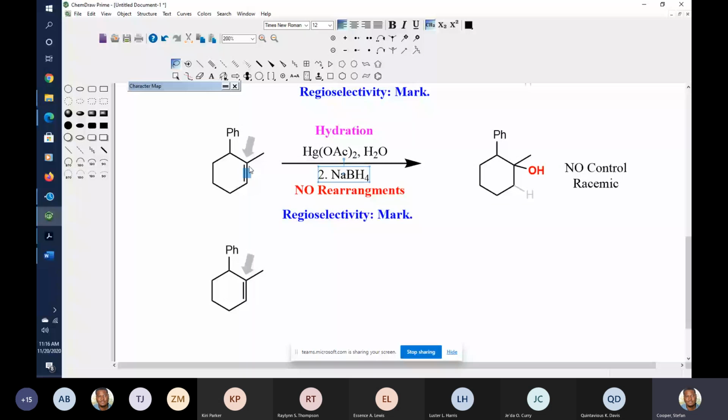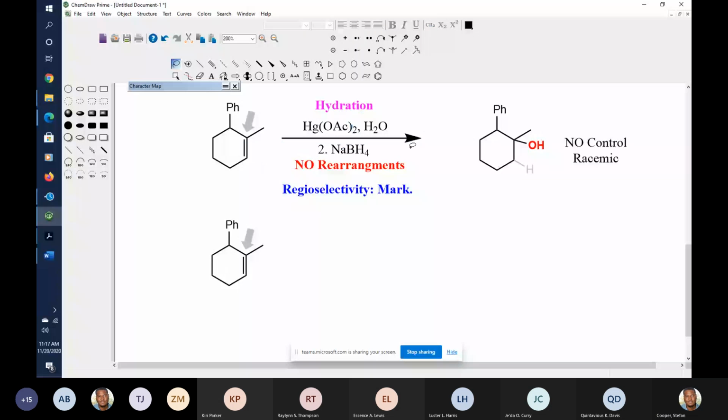Let's take a look at this third reaction here. What if I give you one that has this BH3, which I gave you as a complex with THF, and then step 2, there's going to be sodium hydroxide, hydroperoxide, and water.